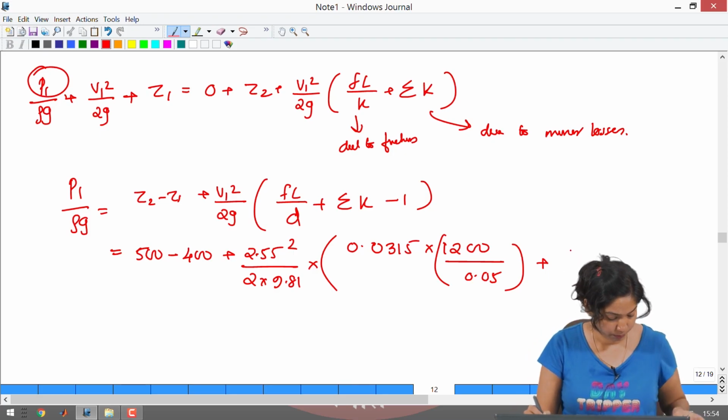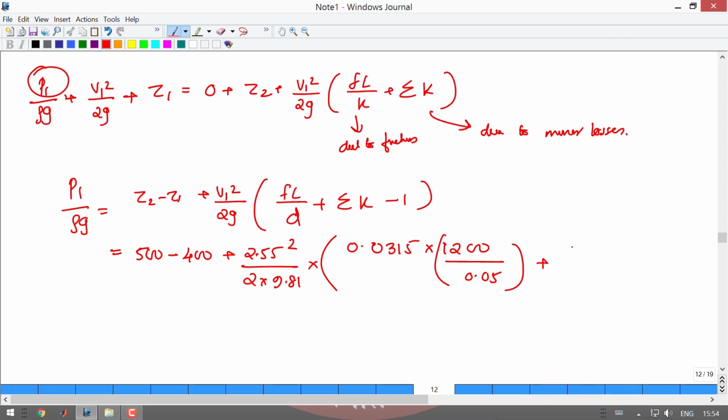Here we have two 45 degree, four 90 degree, one open flanged globe valve, one submerged exit, and one sharp entrance.